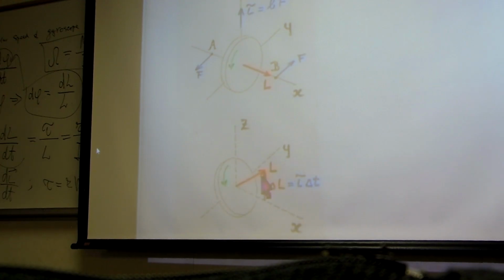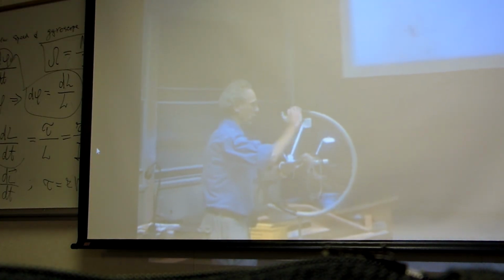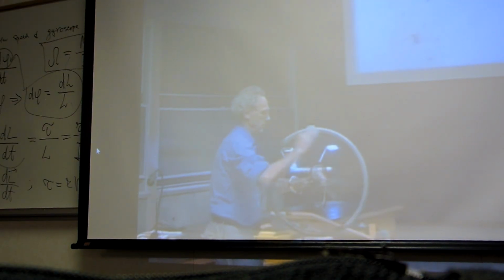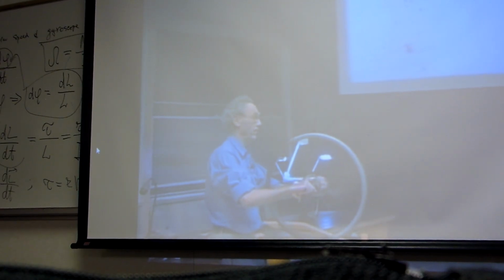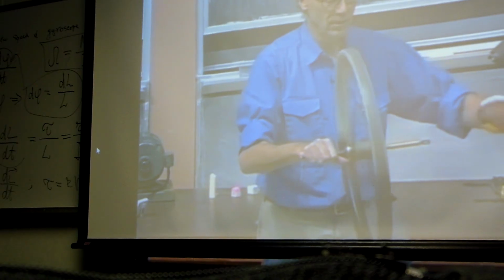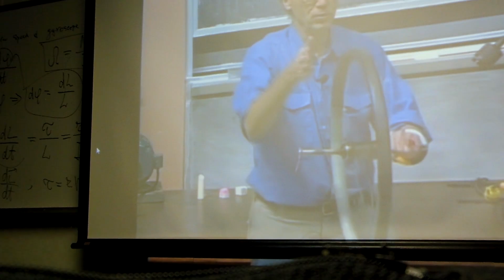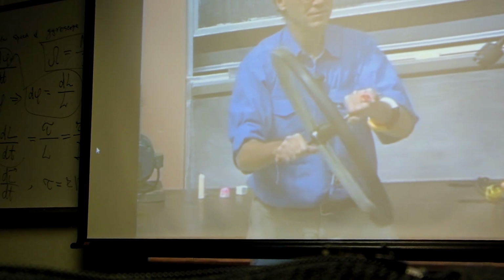In other words, I hold the wheel in my hand, I give it a spin, I spin it towards you, and I'm going to put my right hand towards you and my left hand away from you. The spin angular momentum is now in this direction. So I'm going to give it a torque like so, that means what? And what will the wheel do? The wheel will do this. Very nice. Watch it do.